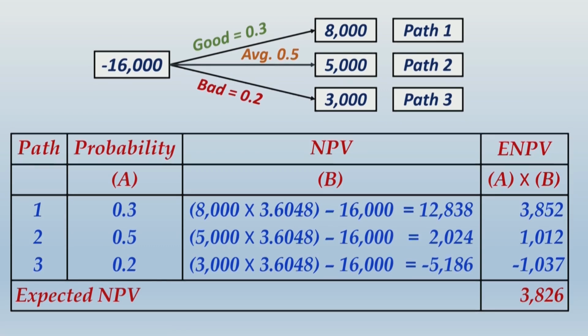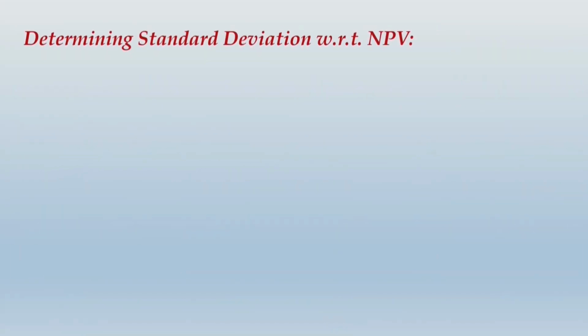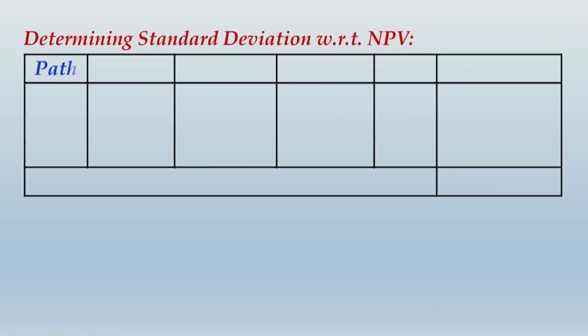Alright friends, once you have completed this working, let us move ahead, and you know what you have to do next. Determine standard deviation with respect to NPV. So for this purpose, you know what you have to do. You identify NPV as X values, expected NPV as X bar, then you take deviations, that will be X minus X bar, consider the probabilities and take squared value of deviations multiplied by respective probabilities.